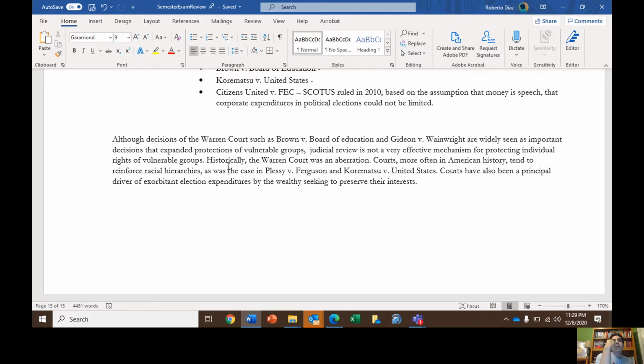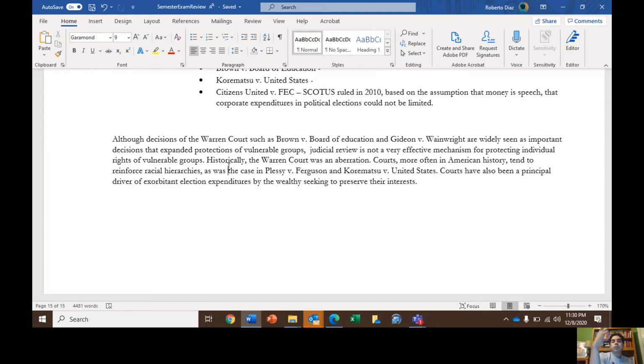What's interesting about the Warren Court is the extent to which we like a lot of these decisions that have since become central and integral to case law today, and our understanding of our rights today. But it allows us to forget that the broad historical trajectory of the United States courts has been one of not trying to rock the boat so much, not being an engine of social change.